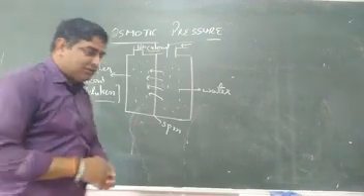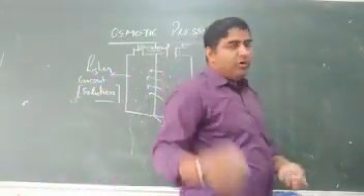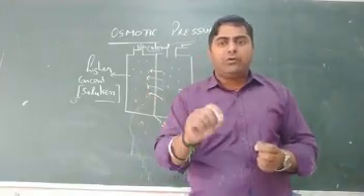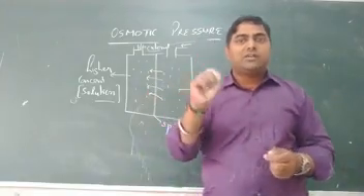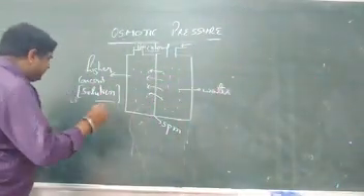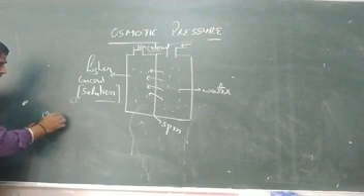So what is the definition of osmotic pressure? Osmotic pressure is the external pressure applied on the solution side to just prevent the osmosis. So let us write the definition of osmotic pressure.